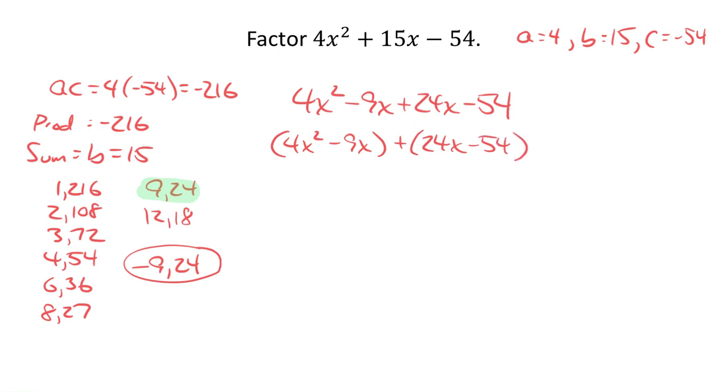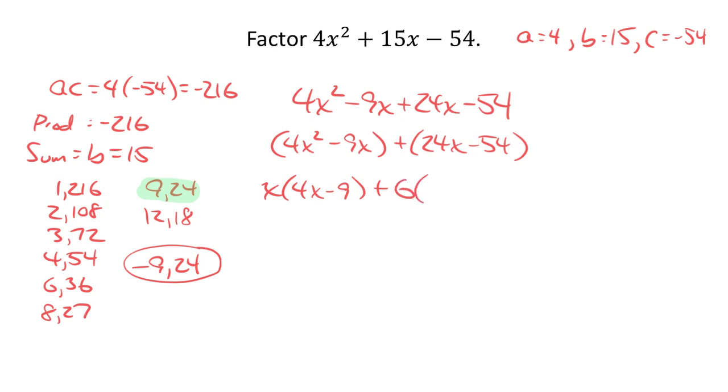And then, within each pair of parentheses, we find what we can factor out. From 4x squared minus 9x, all we have is an x. So we'll end up with 4x minus 9. By design, the next one, when we factor things out, should have a 4x minus 9 inside the parentheses. 24 and 54 have a common factor of 6.